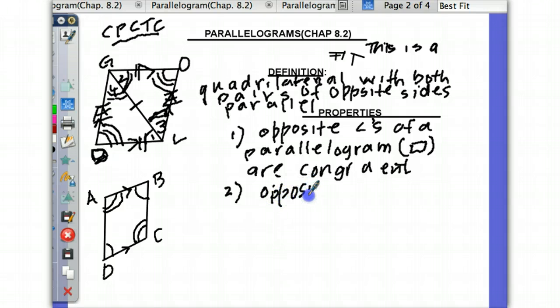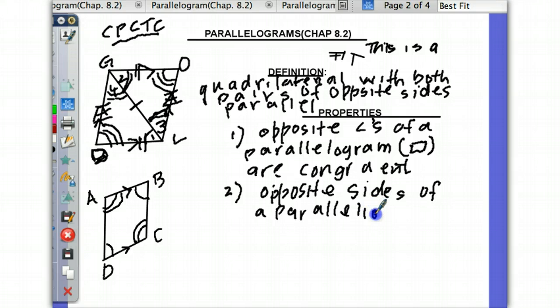Opposite sides of a parallelogram, these are congruent. All right. So as we come here, we could actually mark the opposite sides and so on, congruent.